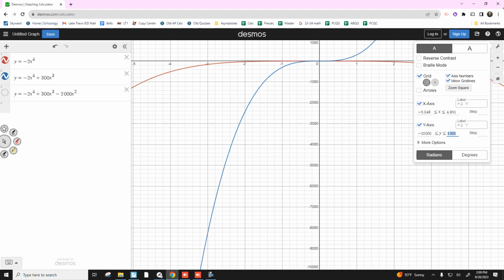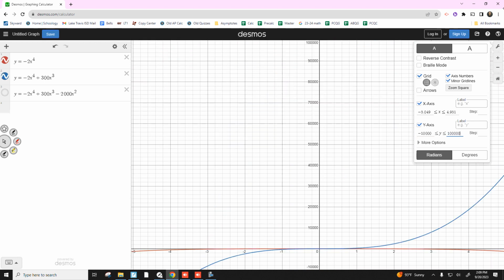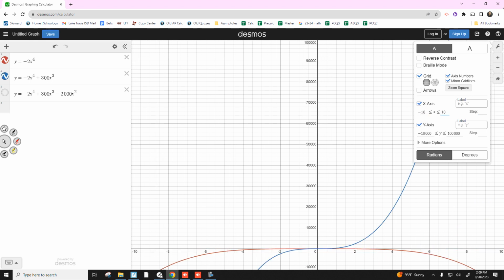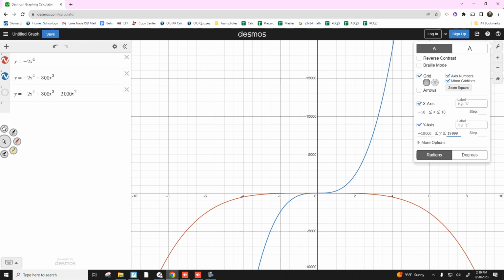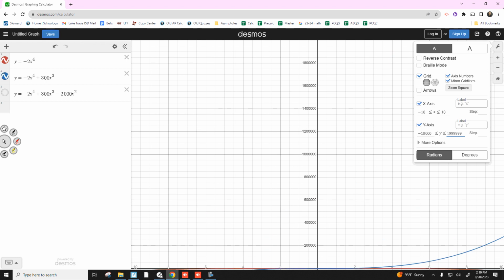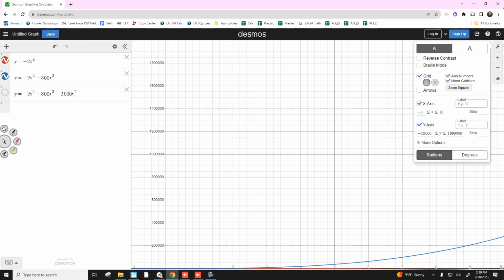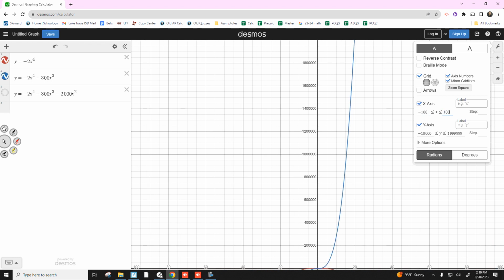Negative 10,000, 10,000. Okay, move the x's too. Negative 10, 10. I don't know, Fang. Maybe more? Add a zero. Move the x's. Negative 100, 100. I don't know.